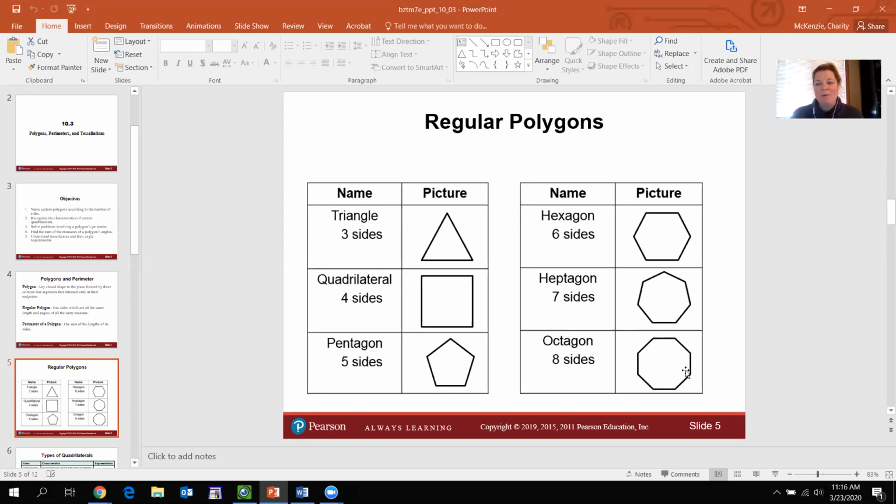Then they get to a point where it's 10-gon, 12-gon, 13-gon, because we don't have a name for all of them. So once you get such a big polygon, we just call it, say, a 14-gon. What does that mean? I have 14 sides that are all straight and connect to make my shape. So these are the top 6 that we usually talk about.